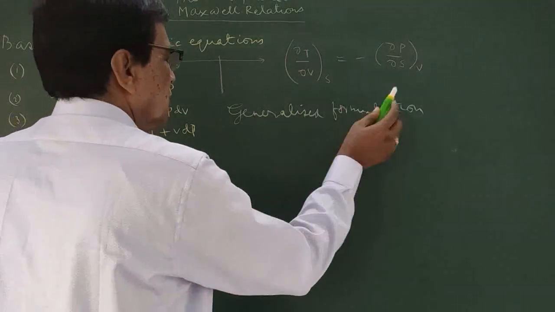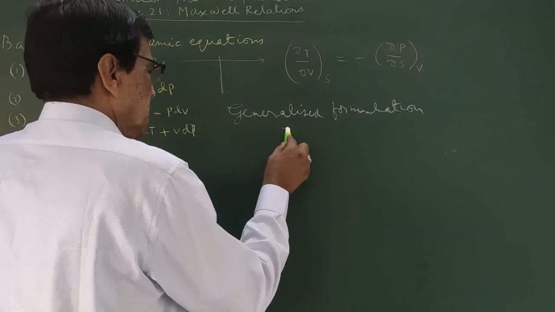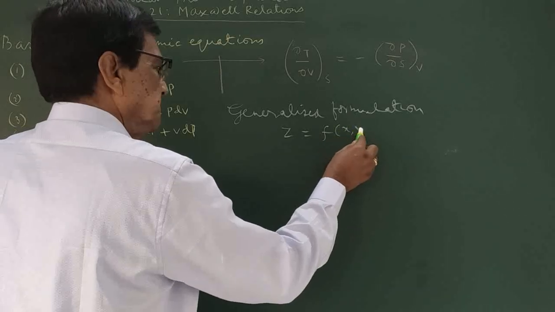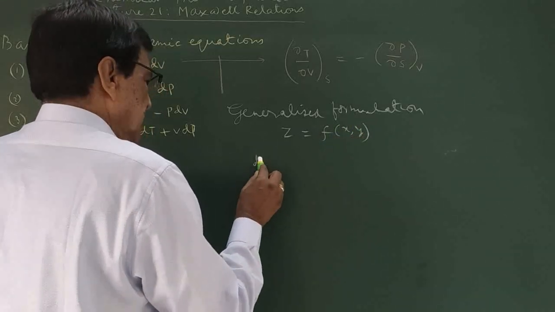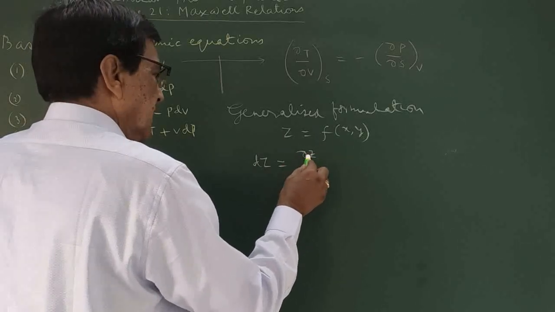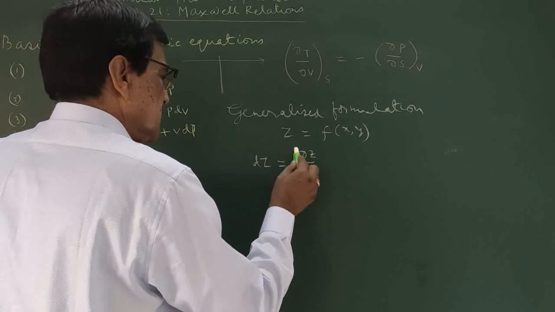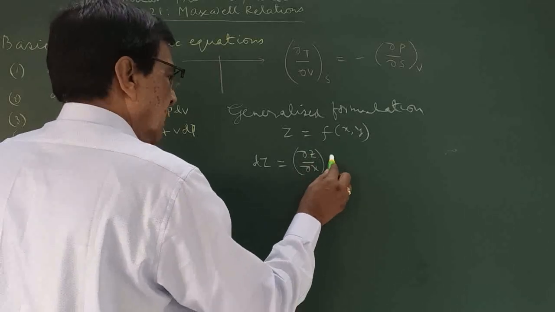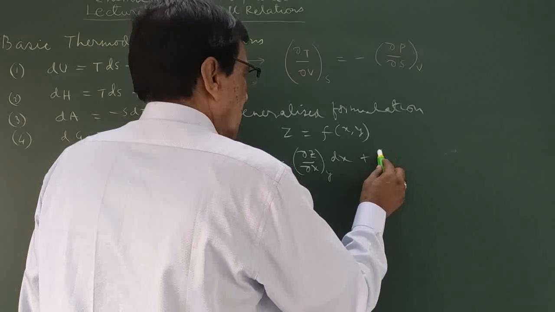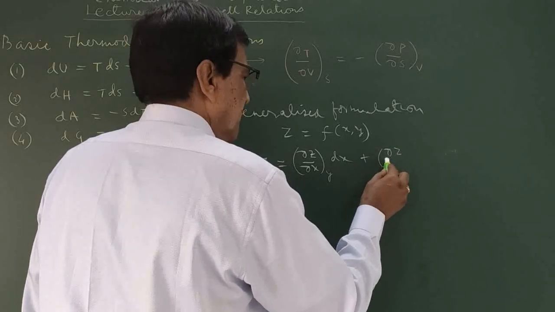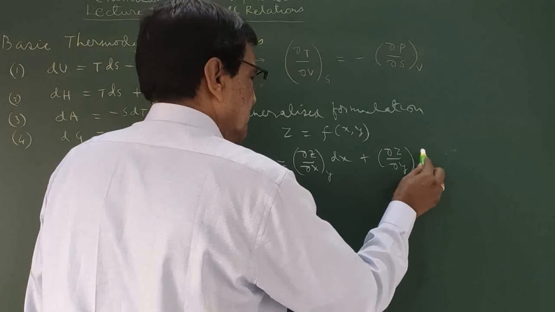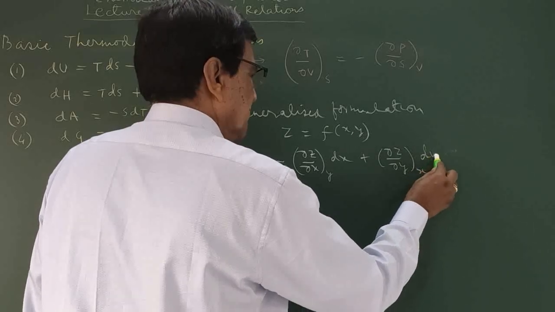Suppose z is a function of x and y, then dz equals del z by del x at constant y times dx plus del z by del y at constant x times dy.